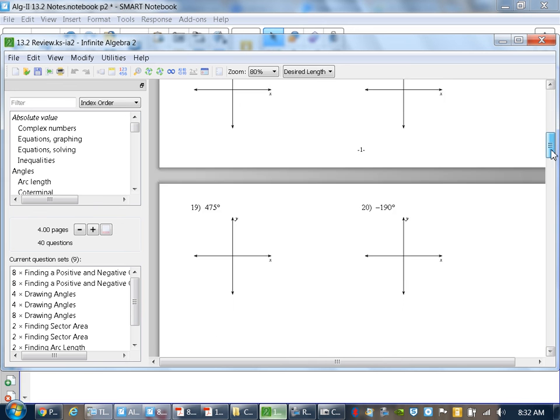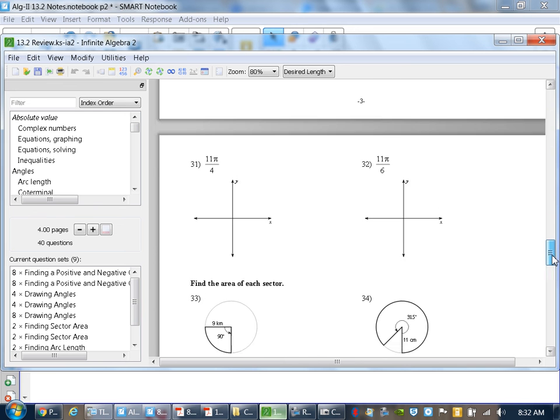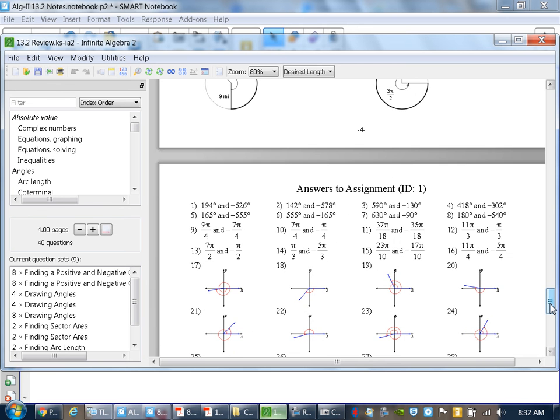And then drawing angles as well to try to get the idea of how to do that. We have not gotten to the sectors or arcs or anything, which is fine, but the answers are on it to help you guys do it, okay? That way you've got your notes from there. We'll add sectors and arc lengths tomorrow, and then go from there.